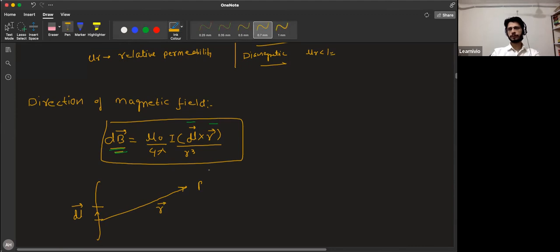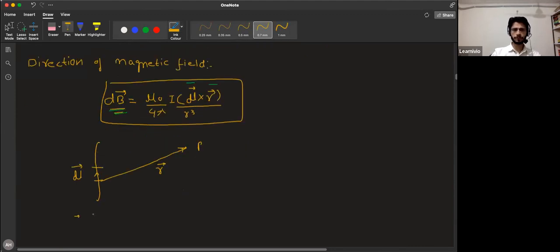So magnetic field is perpendicular to both the small current element dl as well as this position vector r. The direction which is perpendicular to both dl and r will be perpendicular to the plane containing dl and r.